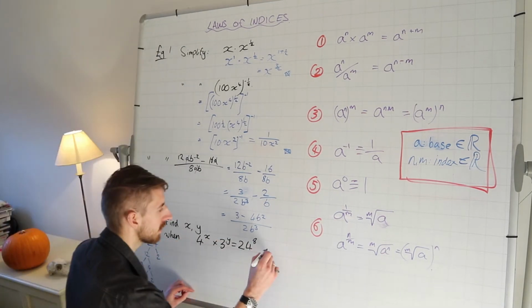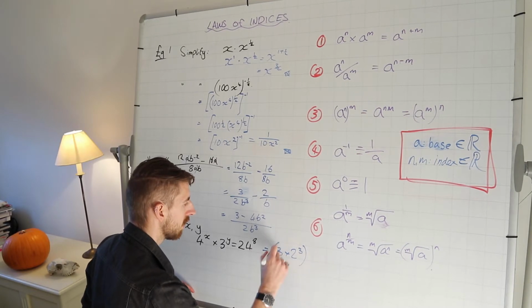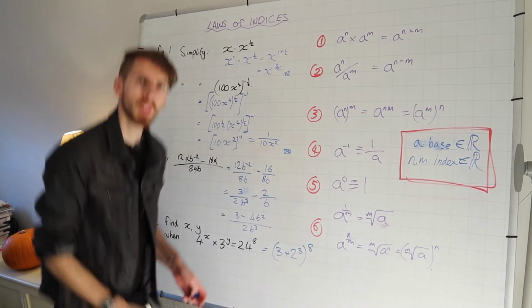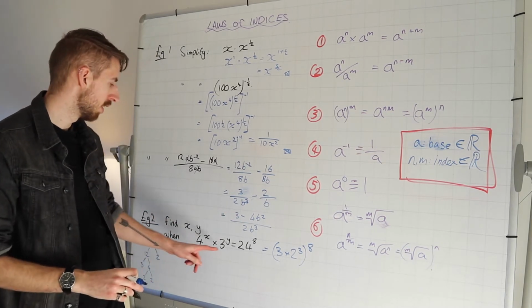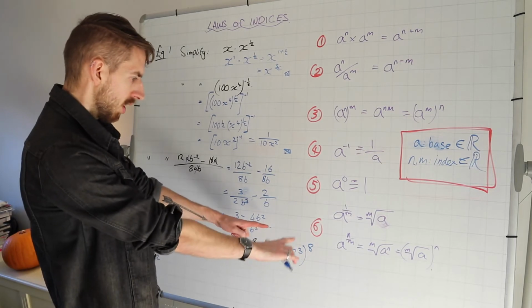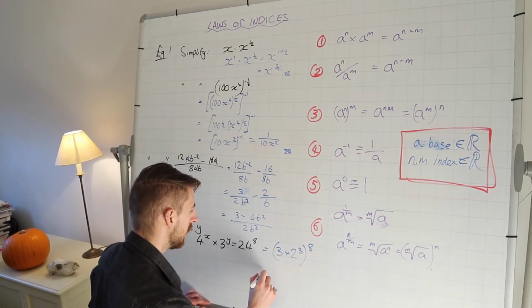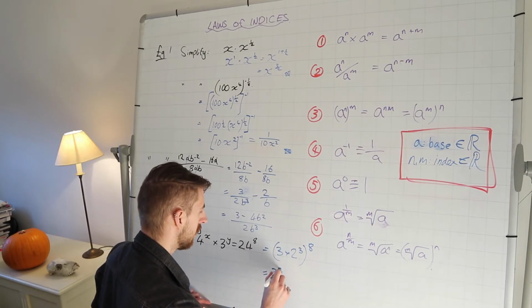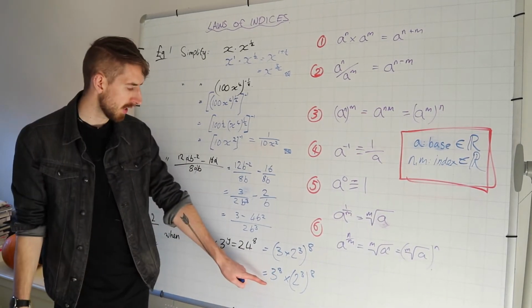So we can write this as that. Now that's looking nice already because we've got a 3 here and a 3 there. So if we sort out the power of 8, we get 3 to the power of 8.